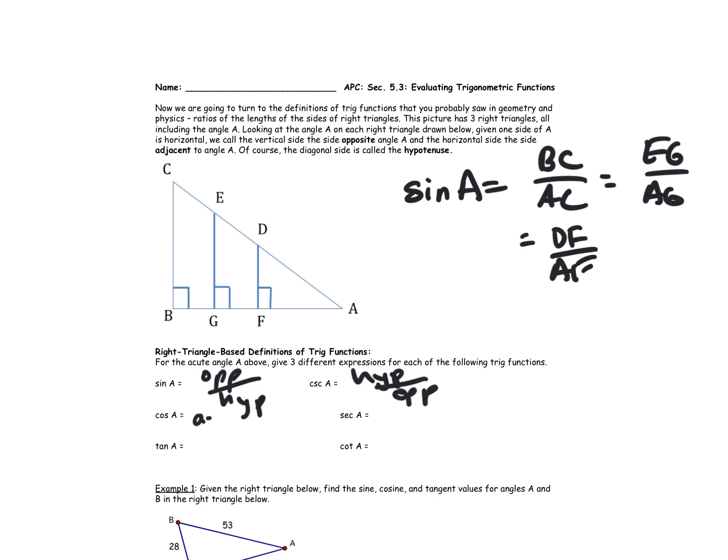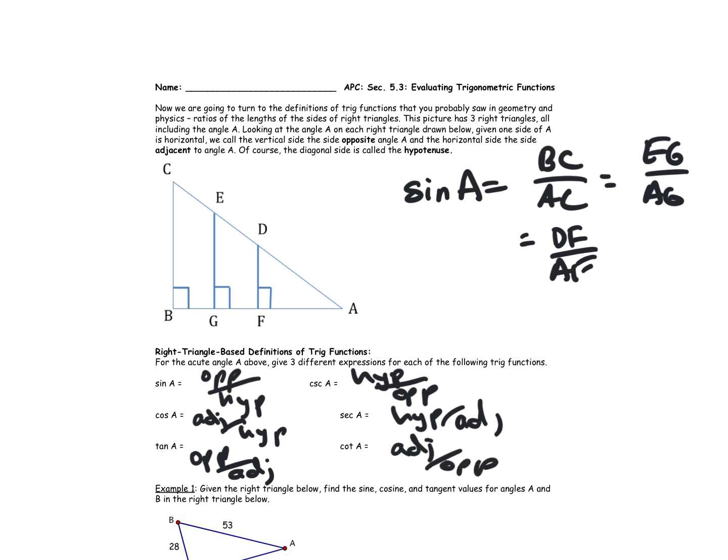You've got cosine is adjacent over hypotenuse. Its reciprocal is secant, so hypotenuse over adjacent. Tangent, opposite over adjacent. And cotangent, adjacent over opposite. So just reminding us of talking about right triangle trig in terms of that.